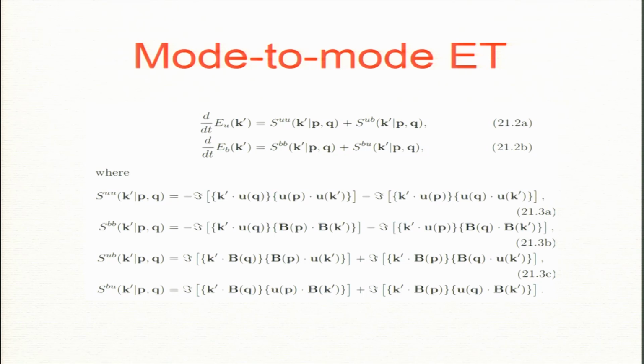So, we have two terms. Now, I just rearrange them, taking left hand side and right hand side. This is a UU transfer, which is coming because of UU terms. This is like hydro. There is no difference between hydro and this formula. There is a UB term, which is this term and this term, coming from b dot grad b.